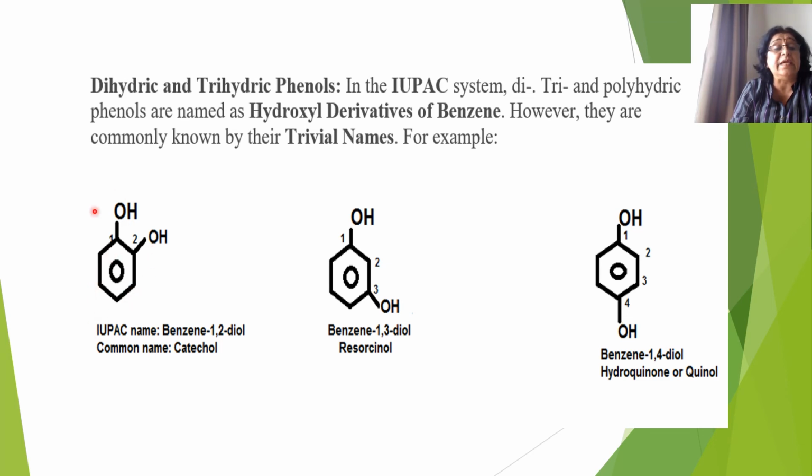And the common name will be catechol. Then this one, benzene-1,3-diol, and the trivial name will be resorcinol. Clear? And this one, with OH groups on the first and fourth position. So this is benzene-1,4-diol, or it is known as hydroquinone.